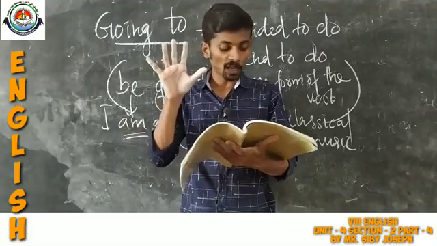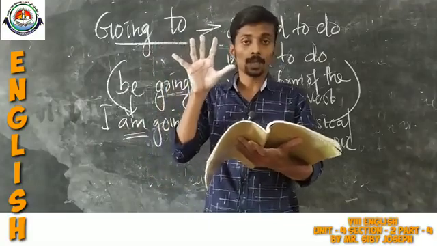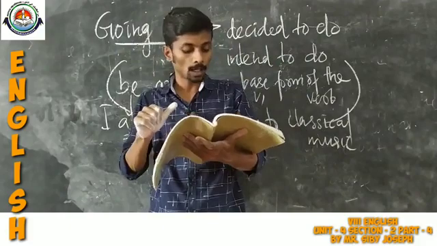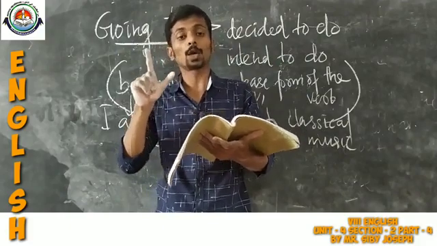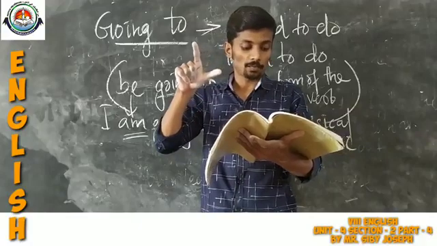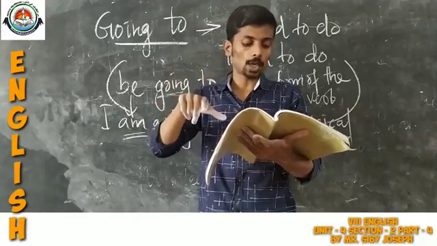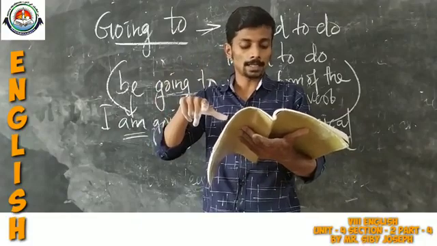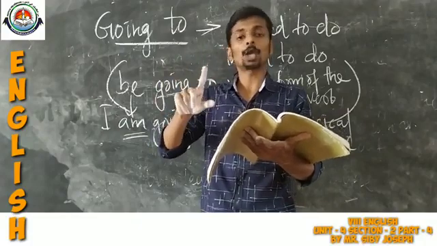So, here 5 circumstances, 5 occasions are given. You have to complete all those sentences using the appropriate form. You can complete the sentences using either will or going to.